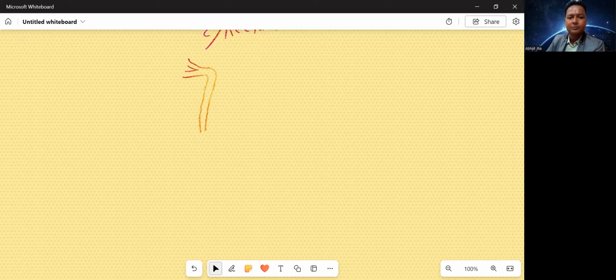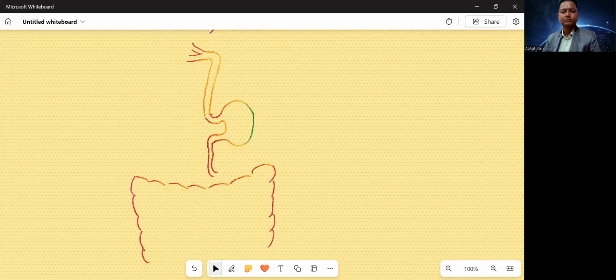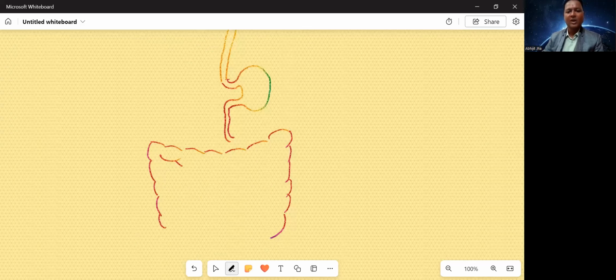From here we will make a stomach, then a small turning over here. It will take some time to complete this diagram, so stay tuned with me.